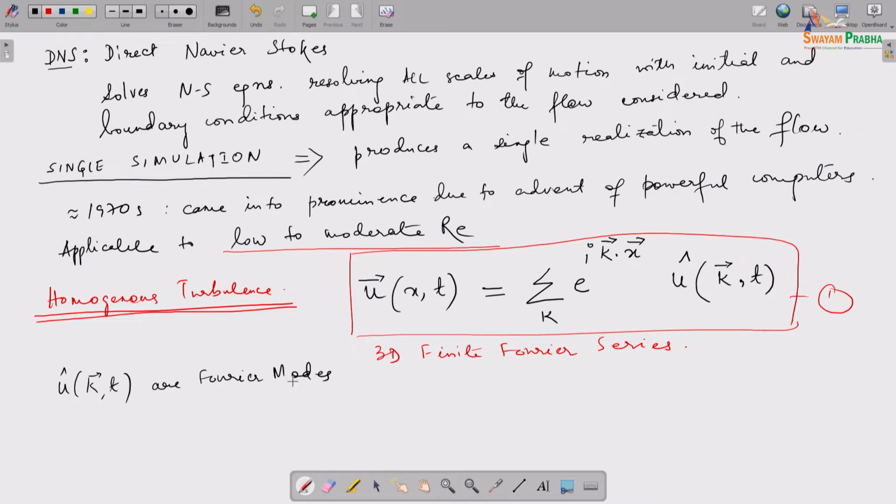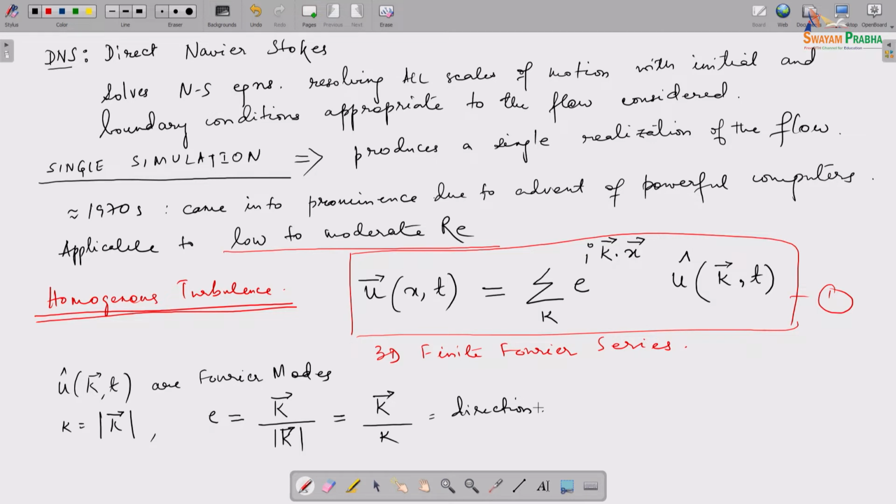This k that you see here, over which this is summed up, and E, is actually equal to this, which is nothing but direction.